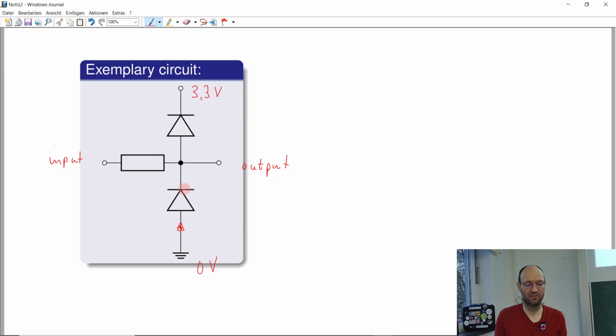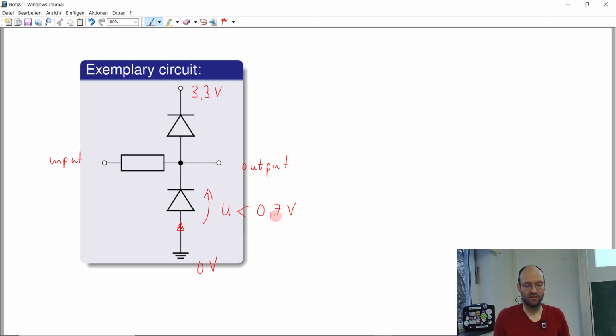And if it's conducting a current in this direction, then this voltage drop would be approximately 0.7 volts. And so we can have no larger voltages in this direction. The voltage in this direction will always be smaller than 0.7 volts.